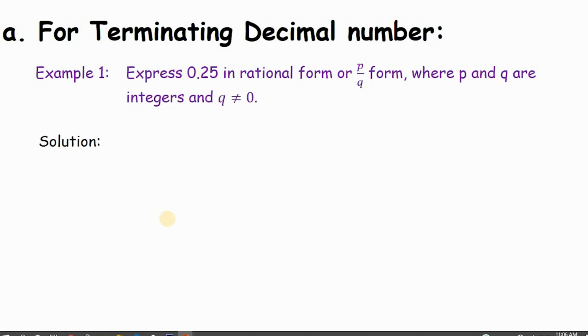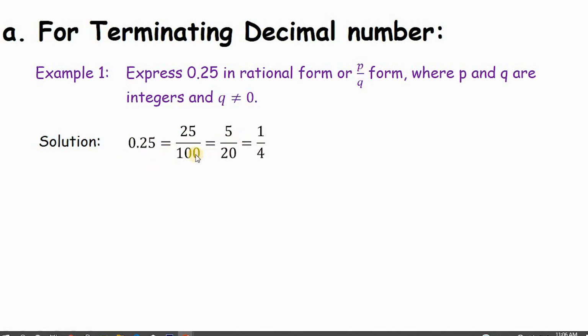We'll write the solution. We take down the number 0.25, which is equal to 25 by 100. You can cancel both by 5, so you get 5 by 20. Again you can cancel the numerator and denominator both by 5, so you get 1 by 4.